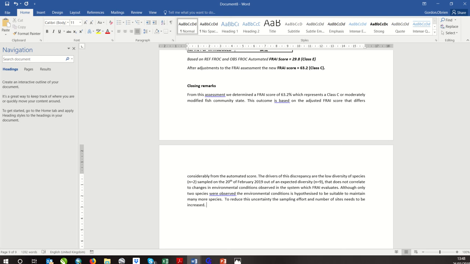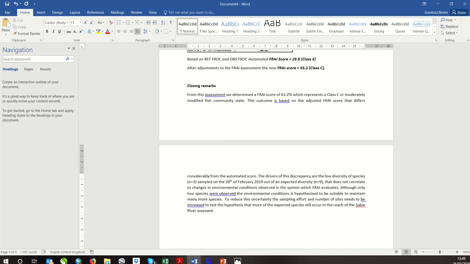In other words, we're to test the hypothesis that more of the expected species do still occur in the reach of the Sabi River. Do you understand what I'm trying to say? That's what you need to do.